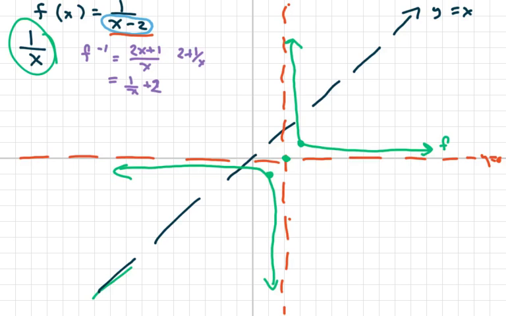This is a vertical shift up by 2. That means my horizontal asymptote shifts up by 2. So for f inverse, we're at y equals 2. But my vertical asymptote stays the same because of this right here.